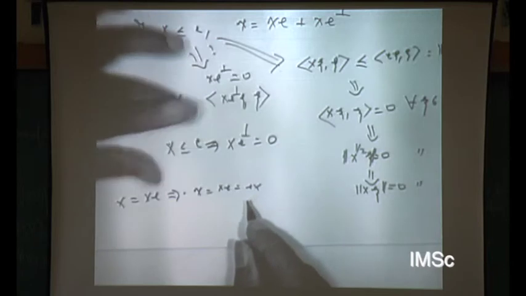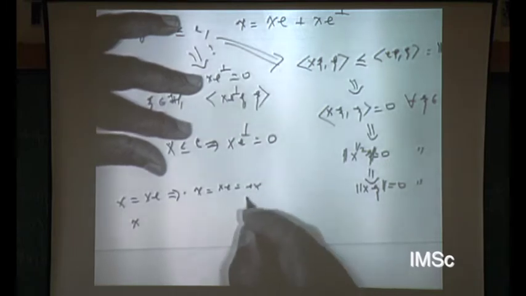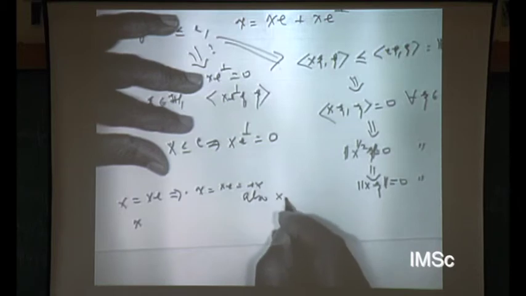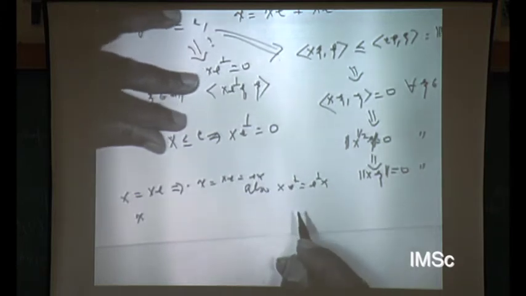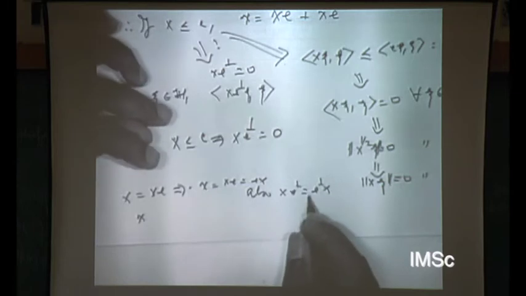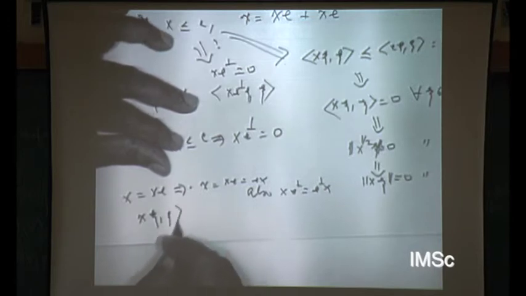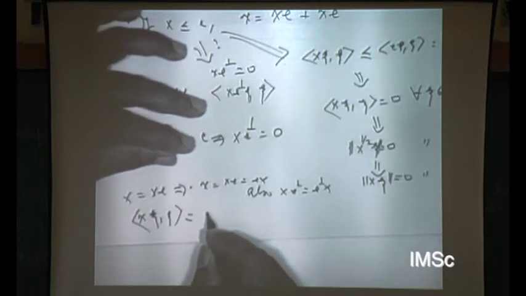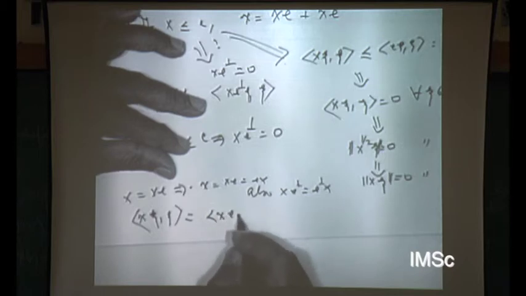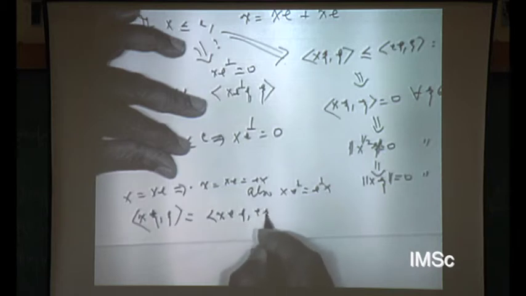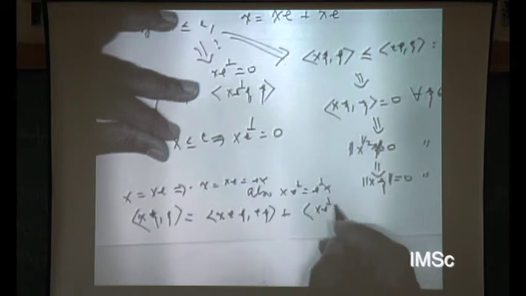Yeah, x and E commute, right? So if you take x, therefore x and also x and E^⊥ commute. Why I'm saying this is, if you write x xi, see, basically I want to say that x E^⊥ is 0.